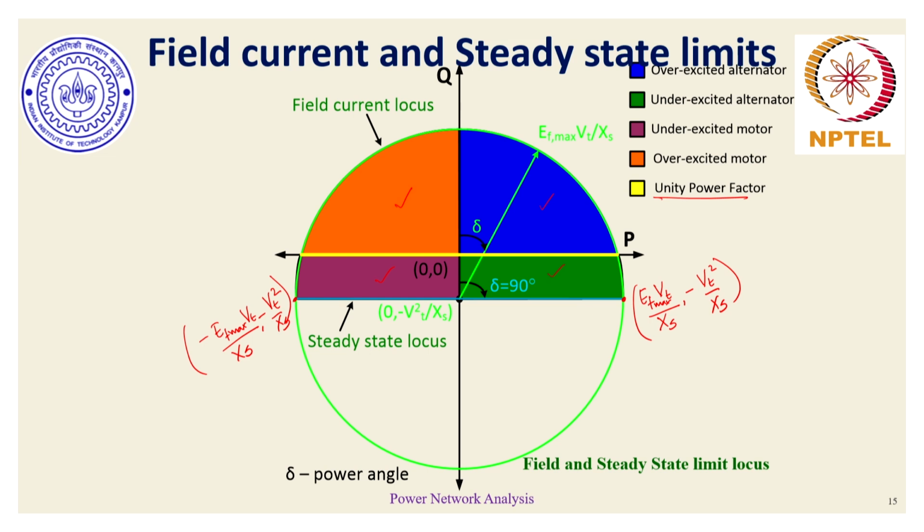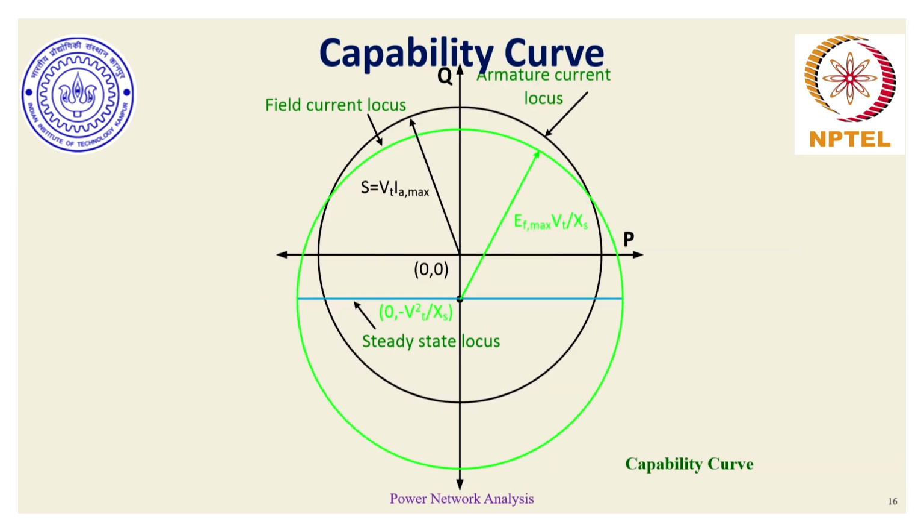Now remember, when we are drawing all these points, we still have one more limit which we discussed in the last lecture, and any machine at any given point of time has to abide by all operating limits. So it's time to superimpose the armature current limit locus on these two locuses. If we do that without marking the underexcitation or overexcitation points, then the armature current limit locus equation was P square plus Q square is equal to Vt into Ia max square.